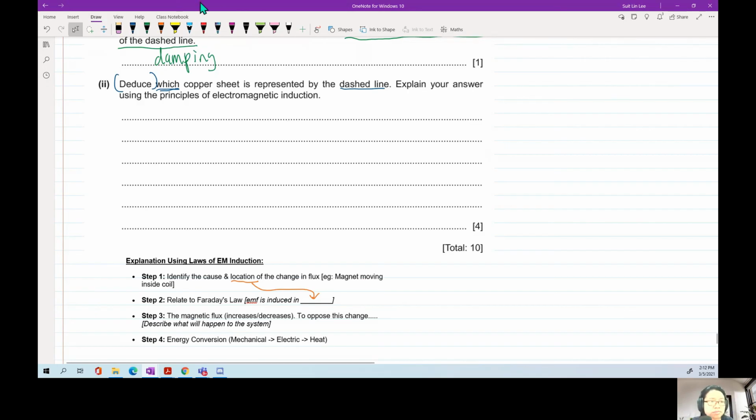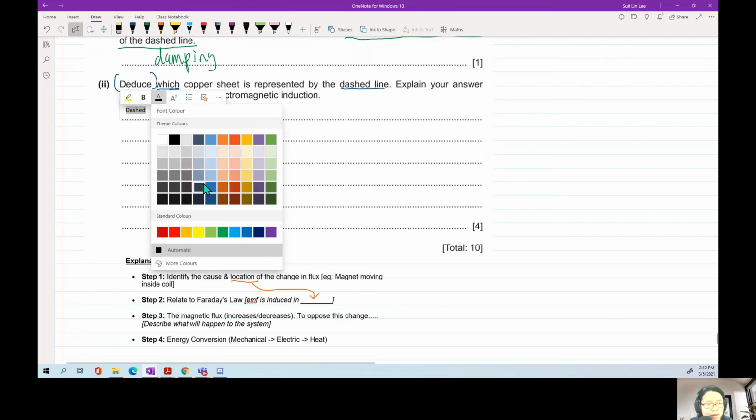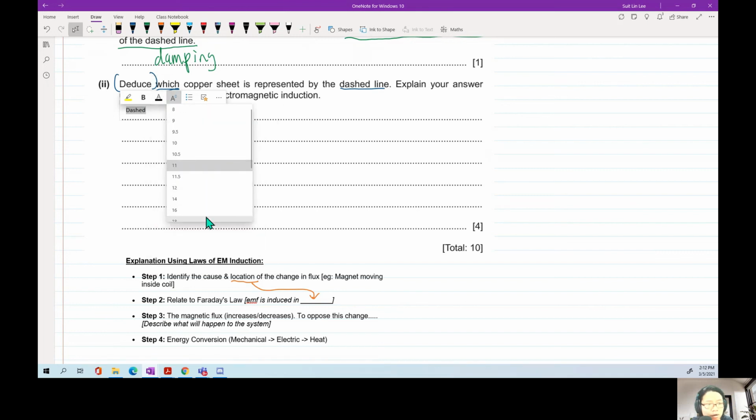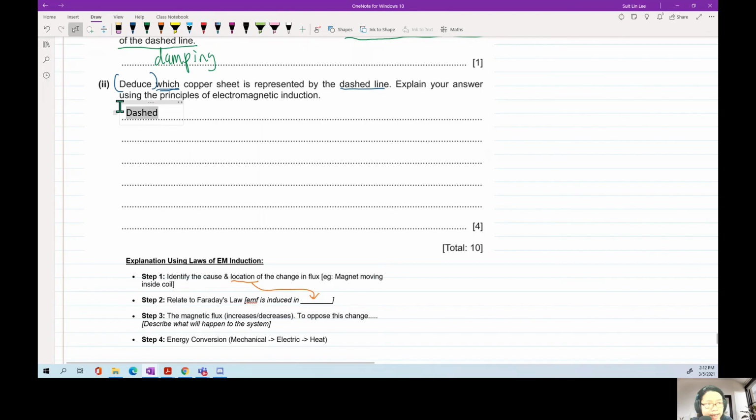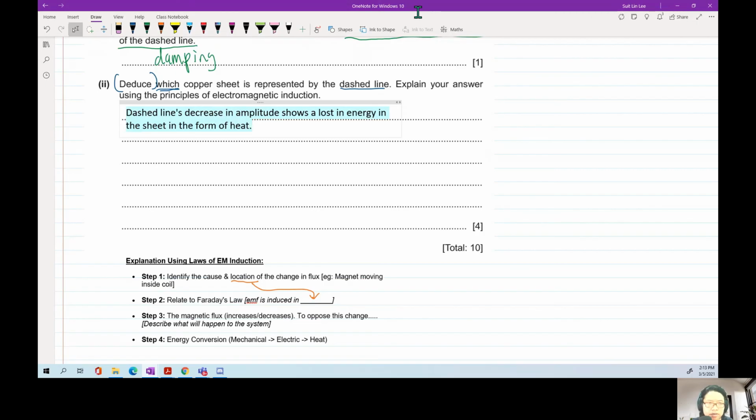So let me type this out. The dashed line's decrease in amplitude shows a loss in energy in the sheet in the form of heat.